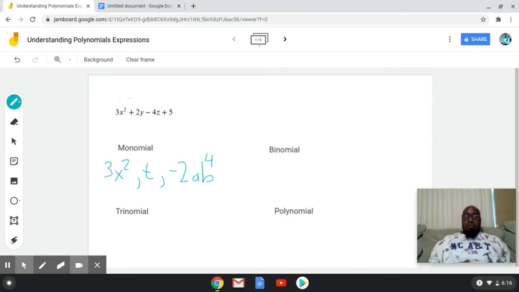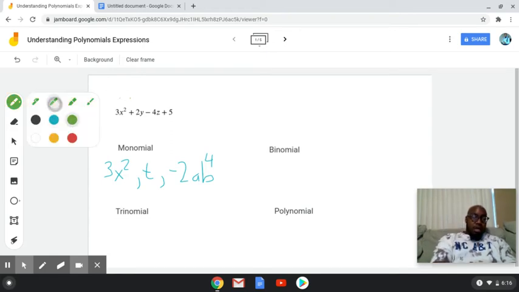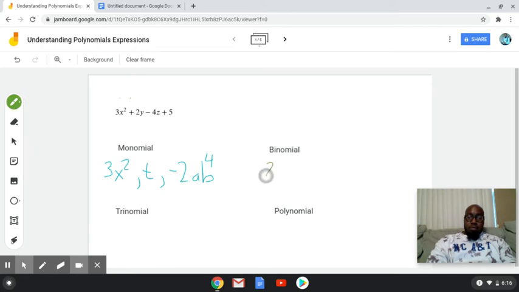You also have what is called a binomial, okay? So a binomial is any type of polynomial that has two terms. So think of bicycle, okay? So two terms would be something that looks like 2x squared minus x, or we can have 3y plus 4, okay?